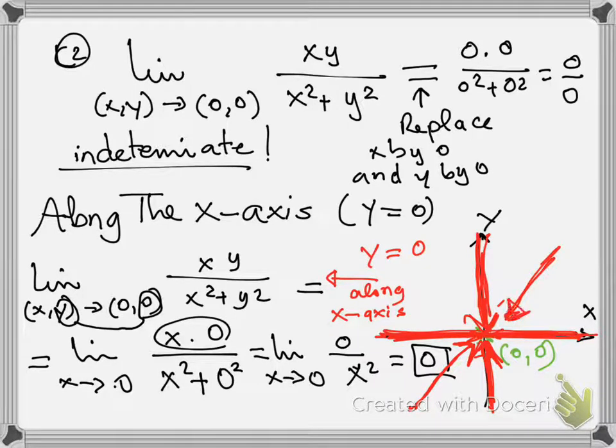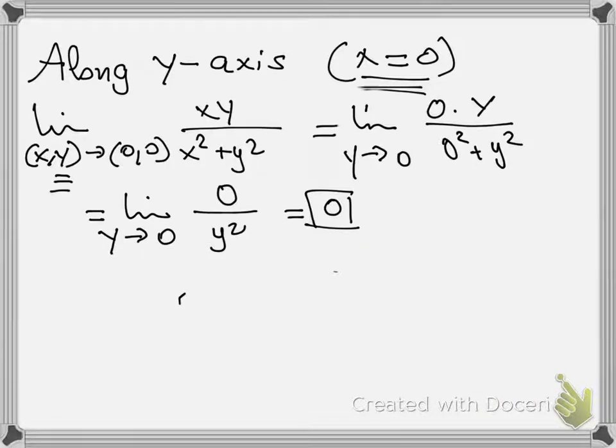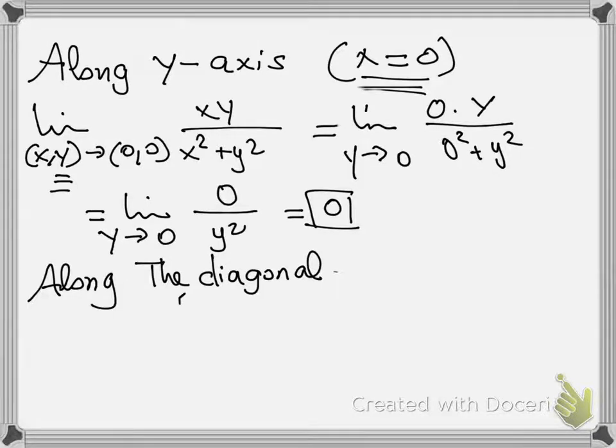So this is my diagonal, this is x is equal to y, right? Now, let's see what happens if I approach (0, 0) along the line x is equal to y.